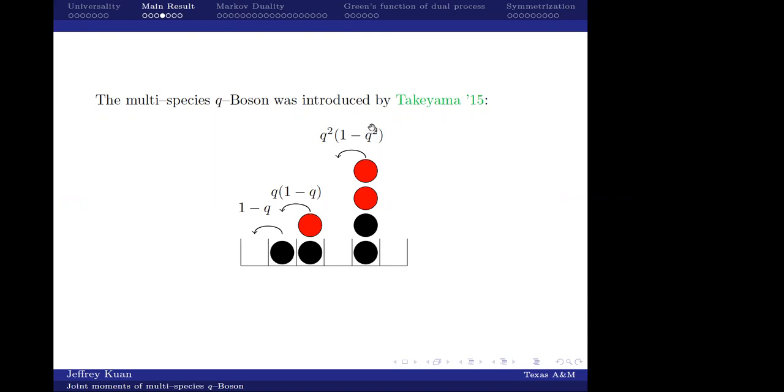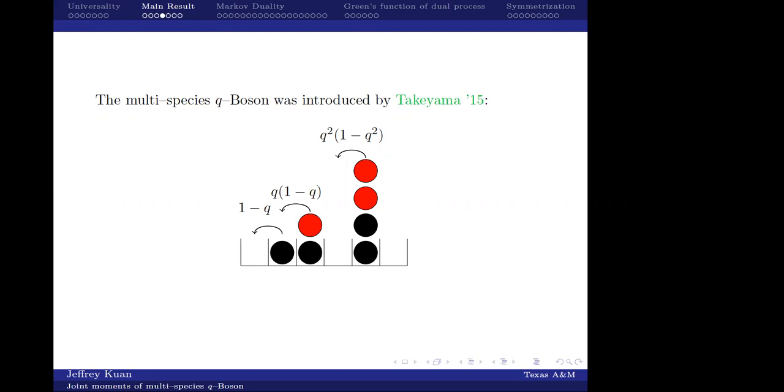That's not so good. So the next natural thing to try is to put the second class particles somewhere to the left of the first class particles. Then if you take that projection, that's still Q boson with step initial conditions. If you hold the idea that the colorblind projections should still be step initial conditions, then this is more or less the only initial conditions you could really look at.